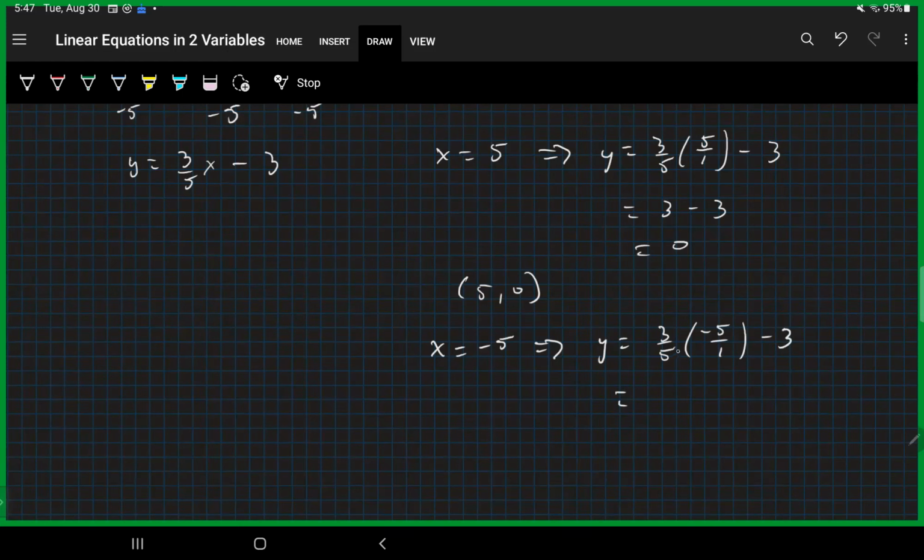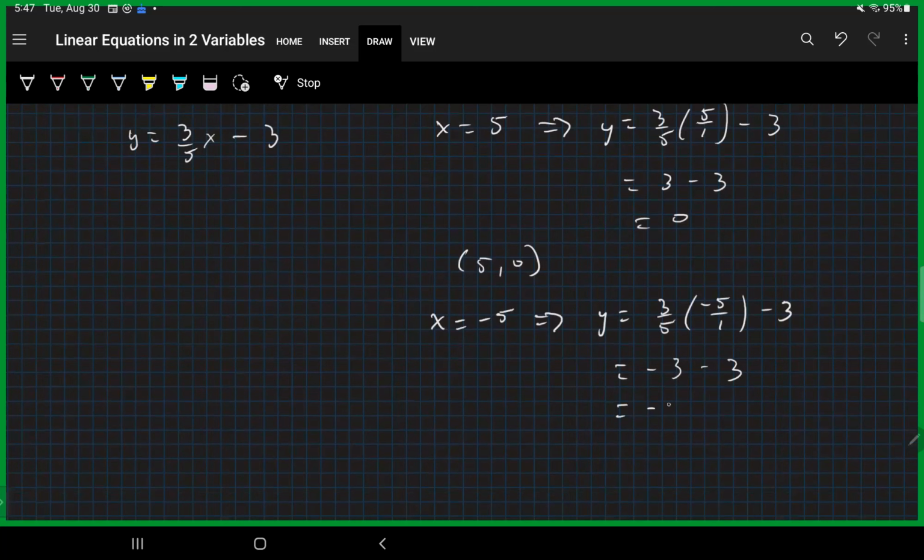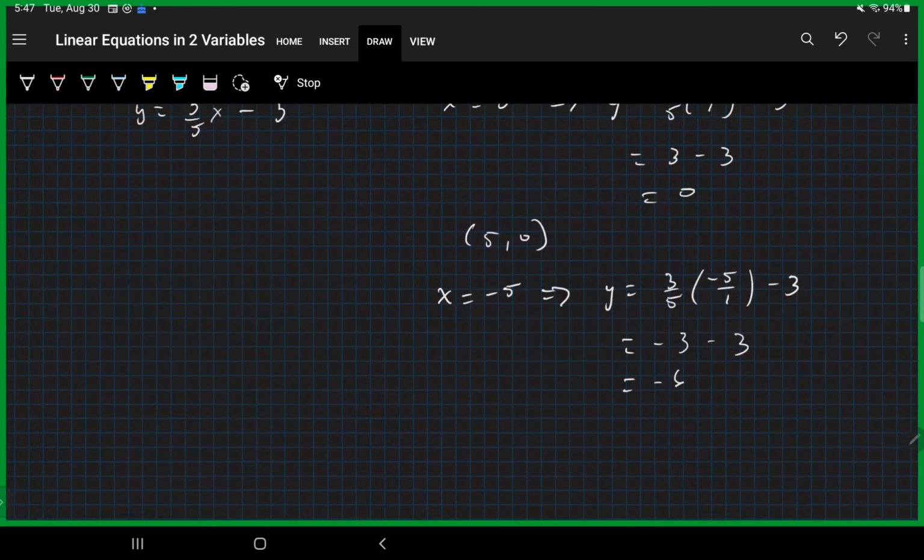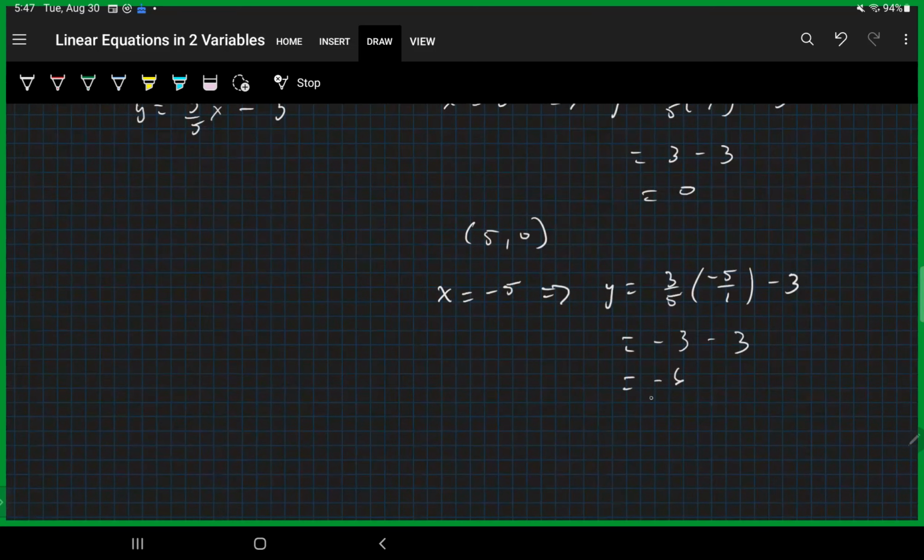The 5's cancel out, but that negative sign's still there, so it's -3 minus 3, and that gives me -6. So x is -5, y is -6. So I have 3 points.